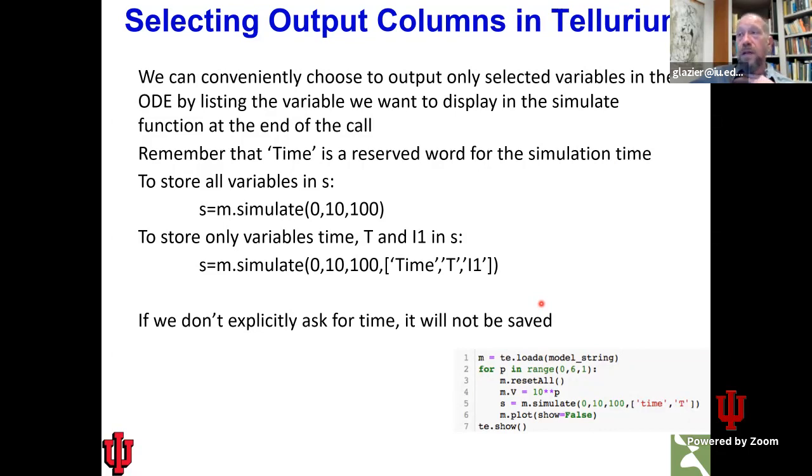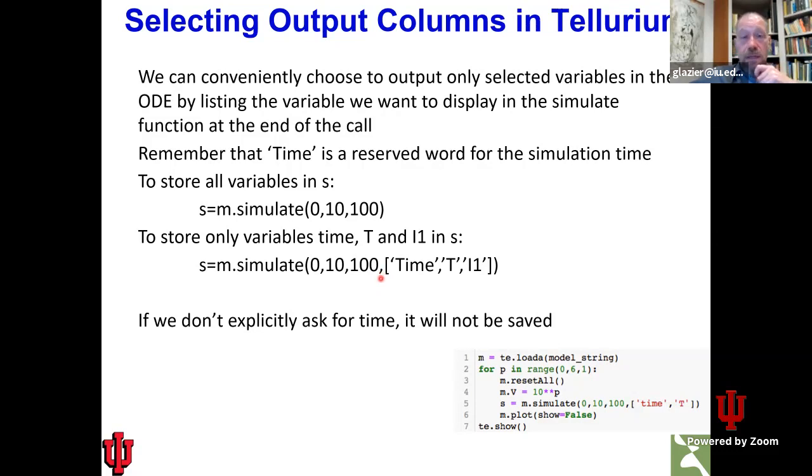If I'm going to do a lot of stacked plots, I may not want to plot every variable together. Tellurium allows you to select which columns, which variables, you want to display. The way you do that is at the end of the simulate line, I put a comma, and then a list of the things I want displayed.